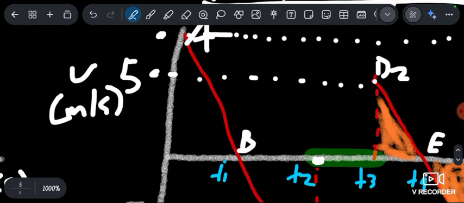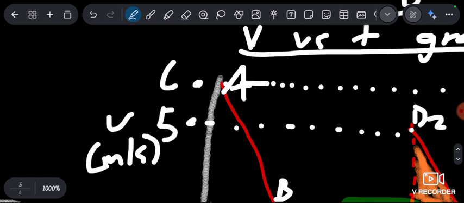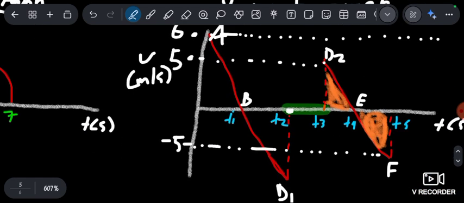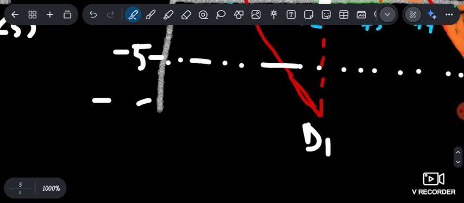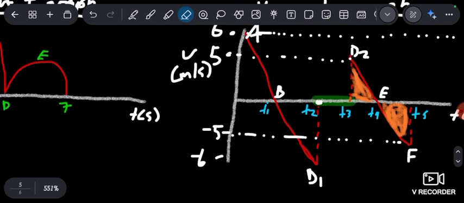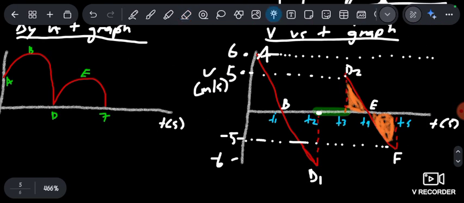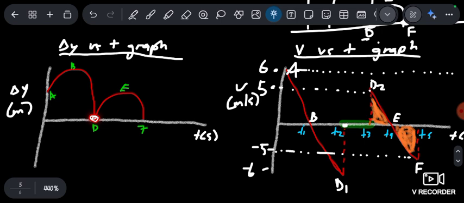But if you had a velocity of 6 over here, you can't then have negative 6 over here. It doesn't work like that, because the ball does not strike the ground at the same point that it was thrown from. It only works in symmetry, if the ball is going from the same point and coming back to the same point.